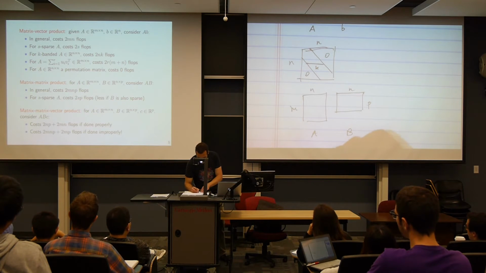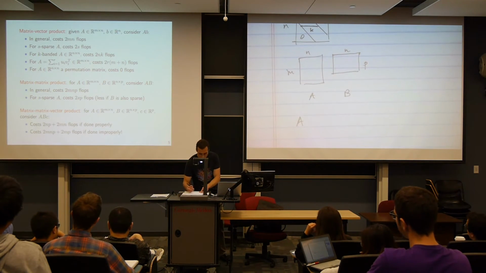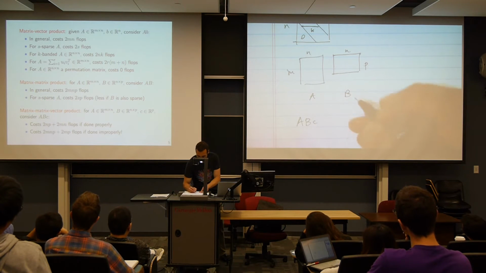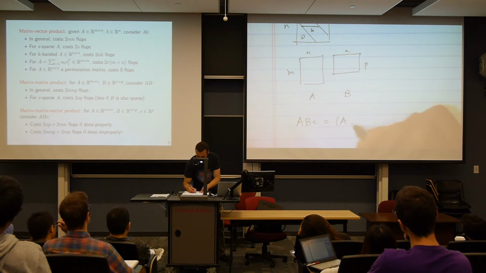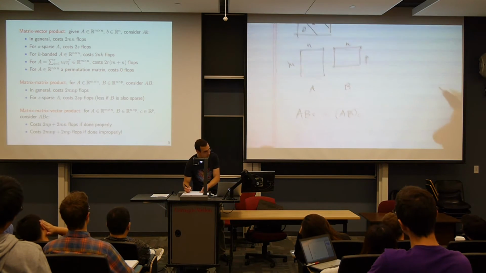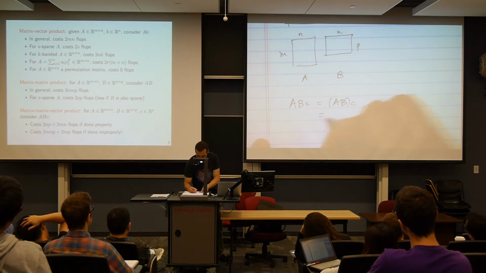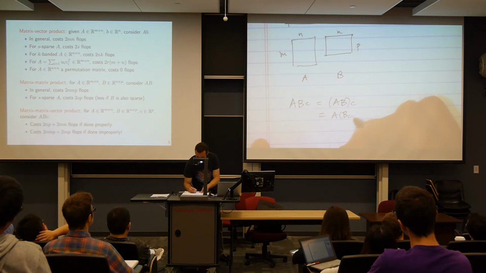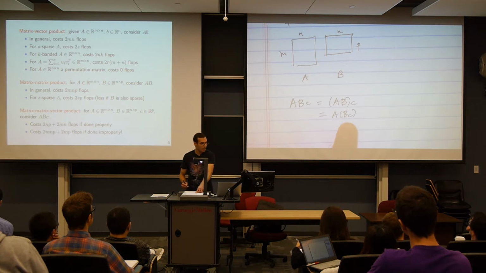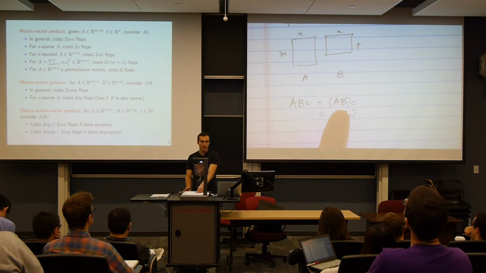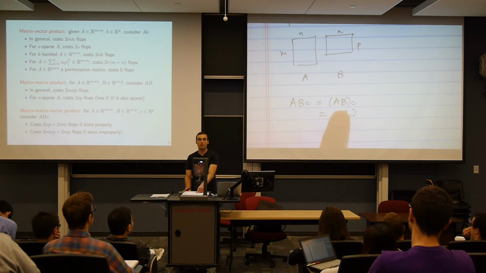If I think of A times B times C, I can think about that programmatically. Let's say I was going to implement that in MATLAB or something, as first take the product between the matrices A and B. So that's a matrix product.